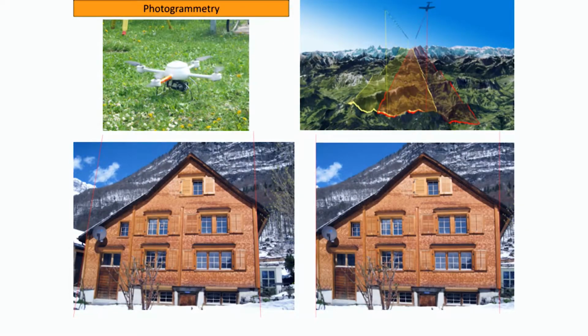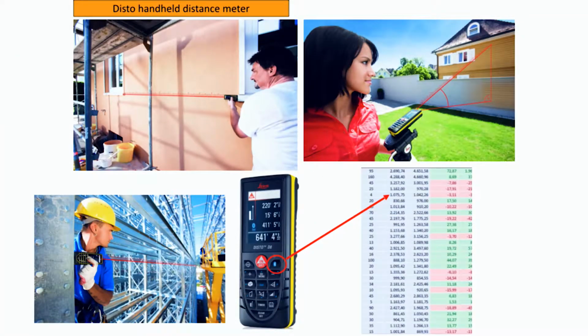Important: BIM to field and field to BIM. This is the method how we can connect our model on the computer with the reality. There are different kinds of methods, for example photogrammetry, where you can work with photos. Also these handheld distance meters, you have to look at, for example, this blue button.